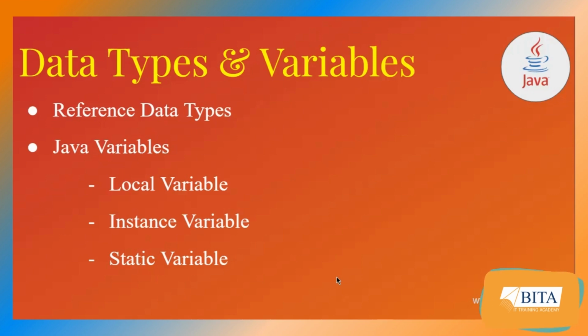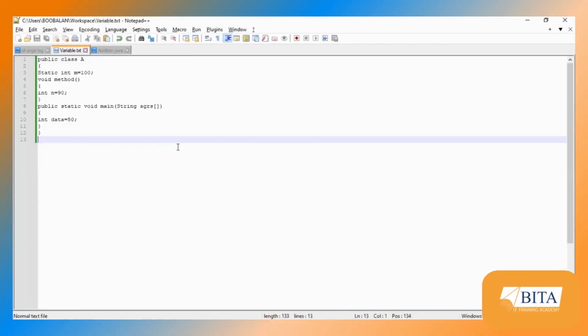Let me share the notepad. I have taken this class, public class A. I have given the class name as A, and static. This is the static variable, that is, I have declared the variable as static.